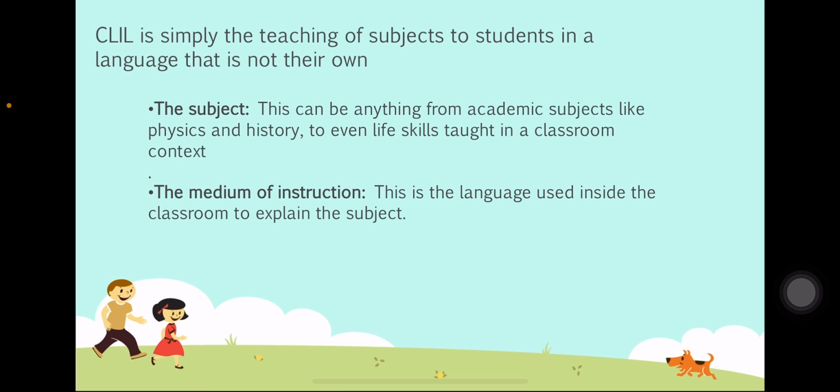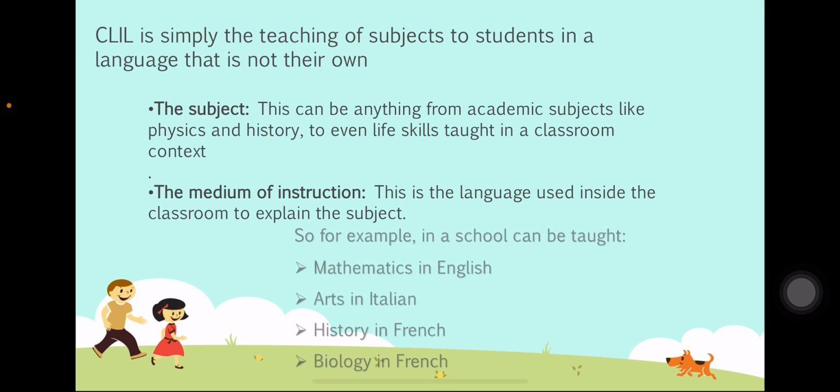The subject can be anything from an academic subject like physics and history, like I mentioned before, to even life skills taught in a classroom context. The second one, the medium of instruction, is the language used inside the classroom to explain the subject. And here we have some examples that I mentioned before.